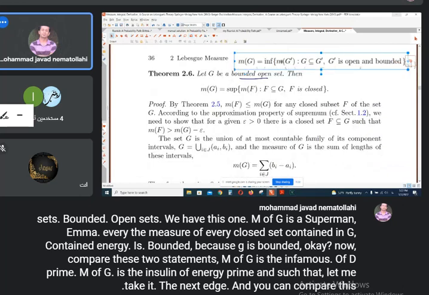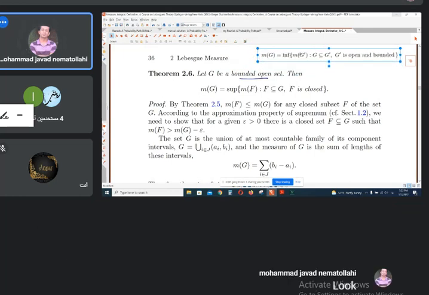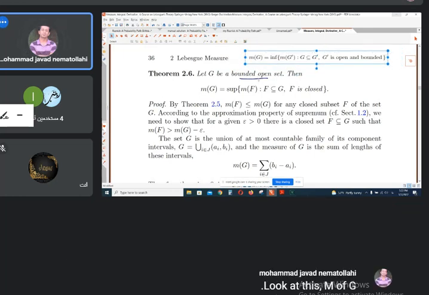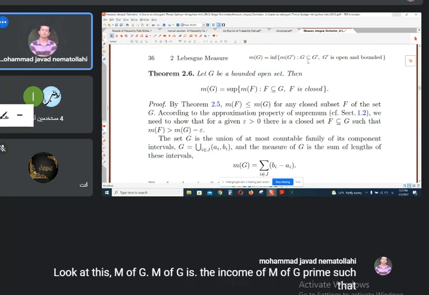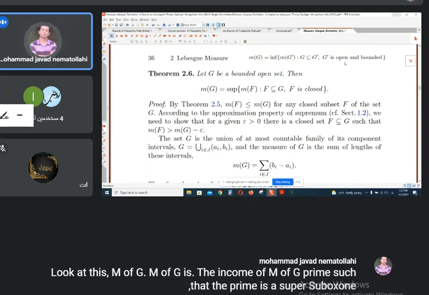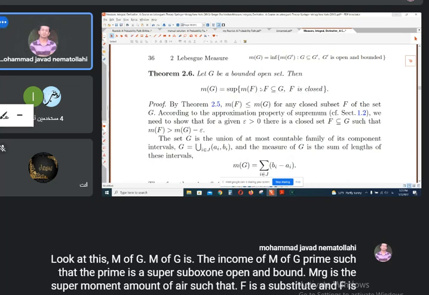M of G is the infimum of M of G prime such that G prime is a superset of G and open and bounded. Now, M of G is the supremum of M of F such that F is a subset of G and F is closed.